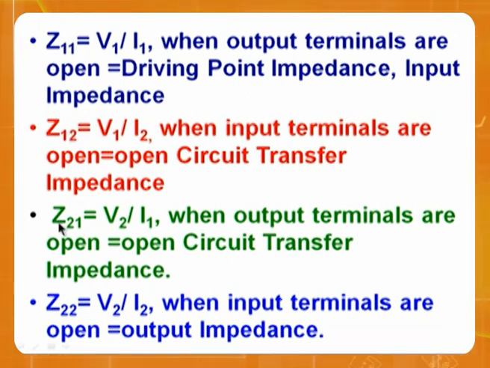Z21 means again second one to the first one. So that's also transfer. Z22 means output to output. So it's called driving point impedance at output. This is at input, this is at output, then in between we have transfer. So these are the definitions, these are the way that they've been named also.